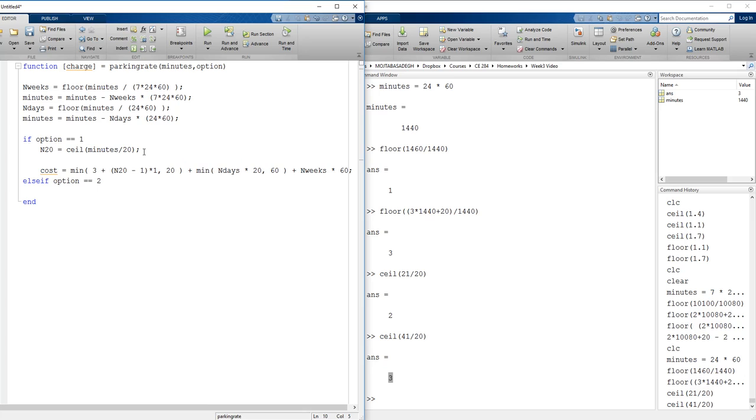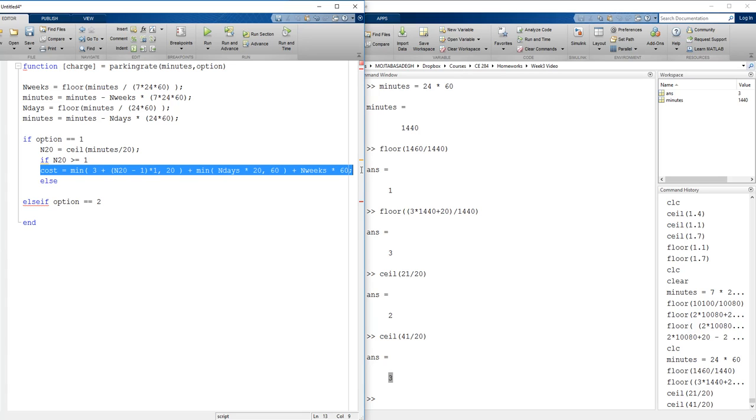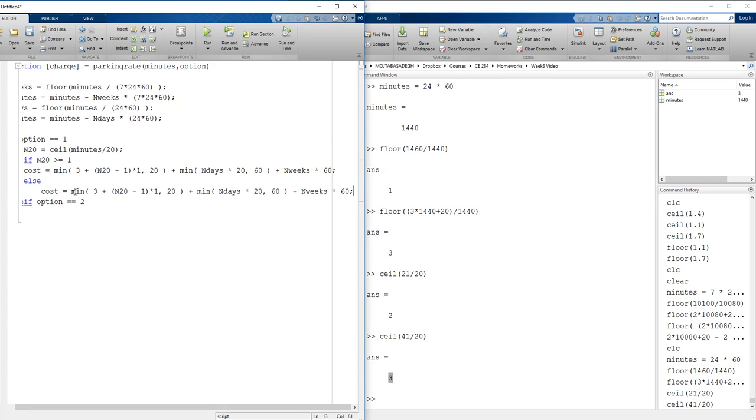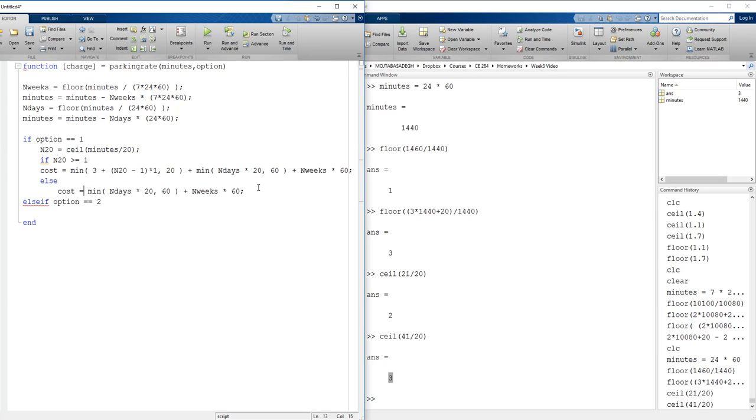But what we can do is, if n20 is more than or equal to 1, so if it is 1 or more, then this is perfect. If it is not, else cost is, again I copy and paste this, but we don't have this first part anymore. We only have number of days charge and number of weeks charge, and that's about it. Done. So this is the first part.